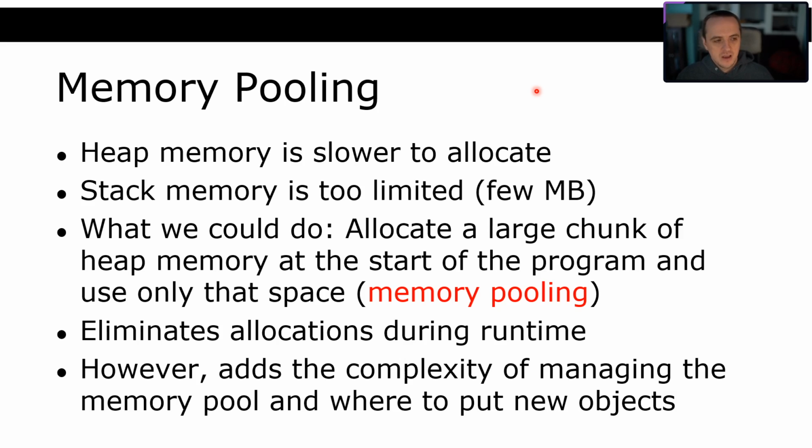And the other downside is that whereas before we didn't have a memory pool, the memory allocations were slower, but we allocated memory as we went, right? In memory pooling, we're going to eat up a big chunk of memory before we even run the game, okay? So that's one of the downsides of memory pooling, that we're going to eat up all the memory we'll ever need right at the start. But we'll trade that for running time.